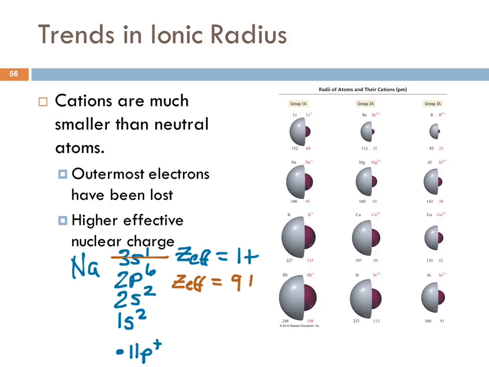Now the effective nuclear charge is 9 plus. And that has the effect of doing this to the size. Here's the sodium atom, and here's the sodium ion. Taking off one electron doesn't seem like it would be a big deal, but it causes that cation to shrink a lot. So for all of these guys, the cation is much smaller than the atom. Does that make sense?